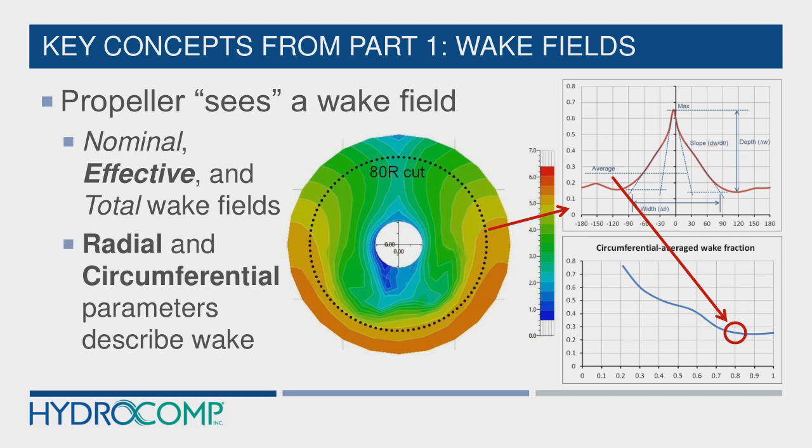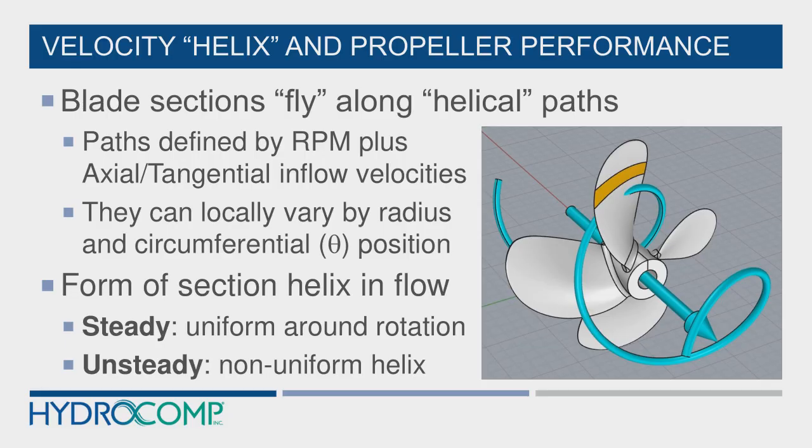Now we'll see how each of these are used in the propeller performance. But this is just kind of a reboot about the wake fields. Of course, as I said, I'll refer you to the last webinar for additional details on this.